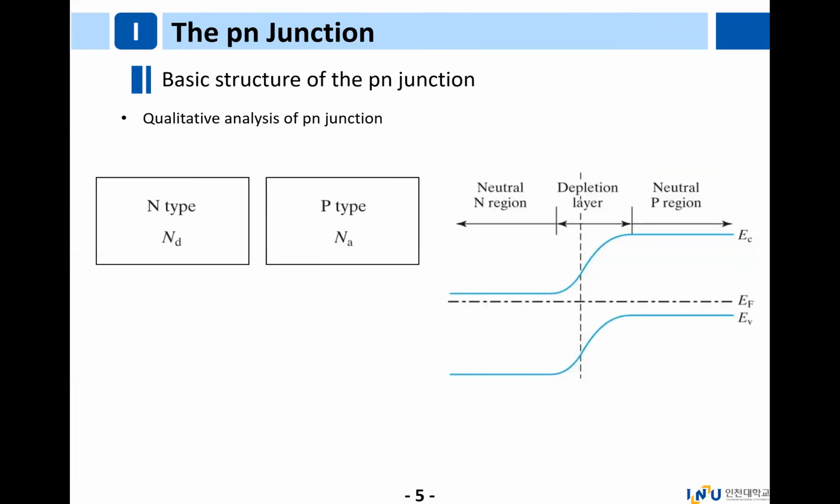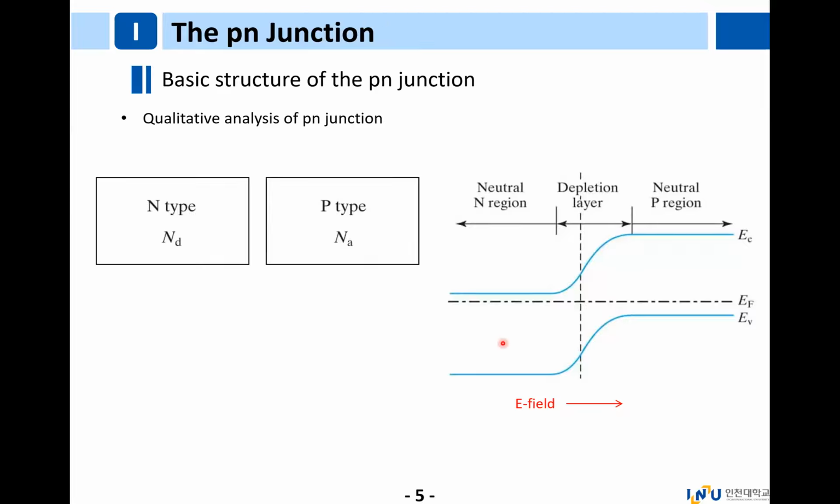By examining the energy band diagram, we have learned that an electric field is formed at the junction when a p-n junction is created. Now let's consider why this electric field occurs.